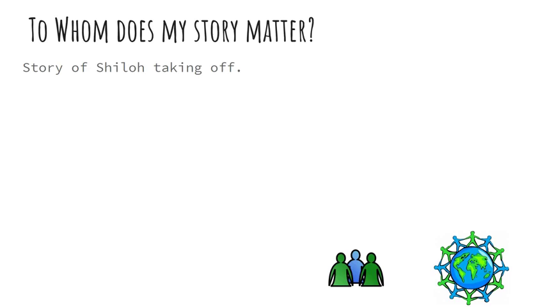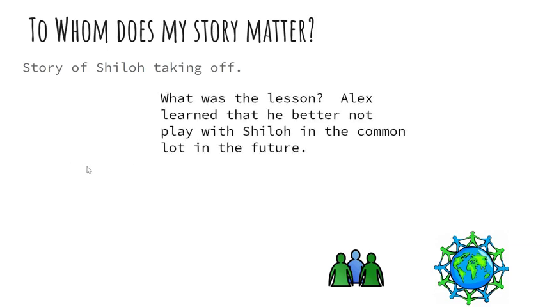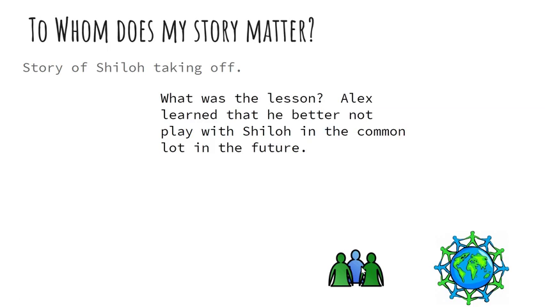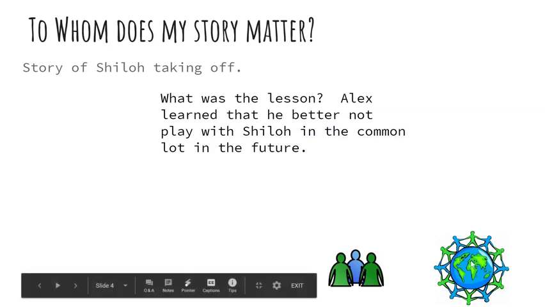Now, as an author, if I'm thinking about this story, about the message here, we have the message that Alex learned that he better not play with Shiloh in the common lot in the future because he could get out like this and he could get hurt. Now, if I think about that message in terms of who does it matter to, does it matter to just a small group of people or to the greater community?